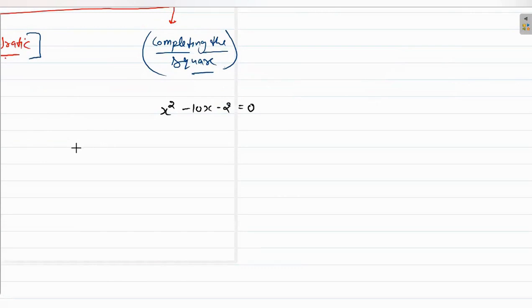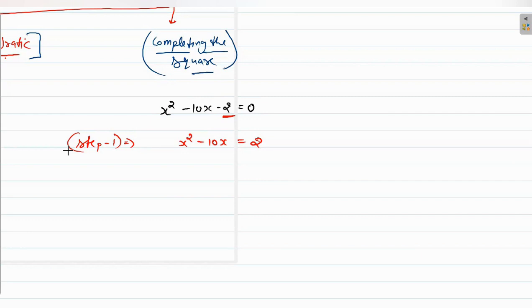Step number one: there is a constant value, so you take this constant to the right hand side. I can write this equation as x square minus 10x is equal to 2. So the first step is to take the constant to the right hand side.